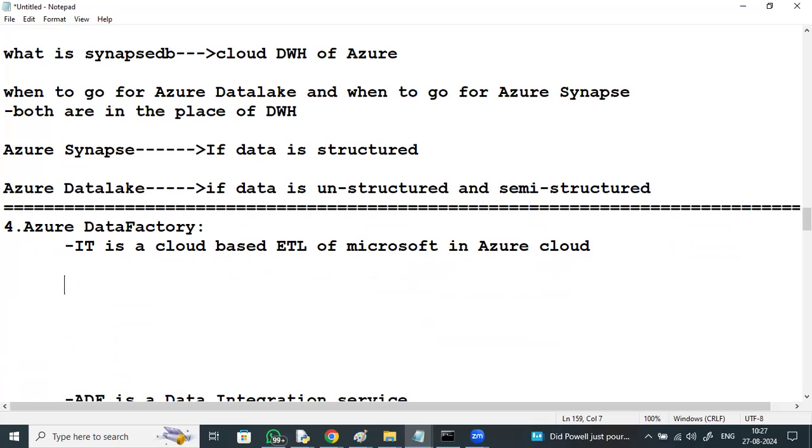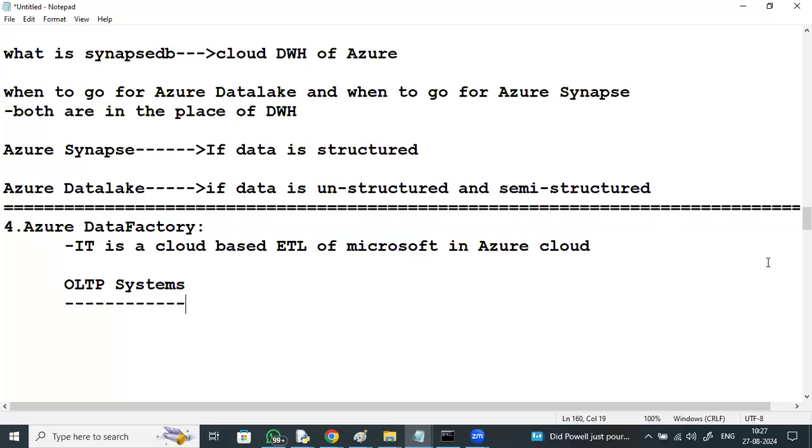For example, here I take OLTP systems, and here I will take a data warehouse.